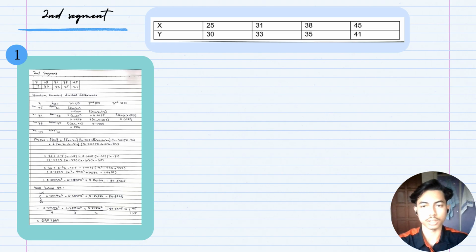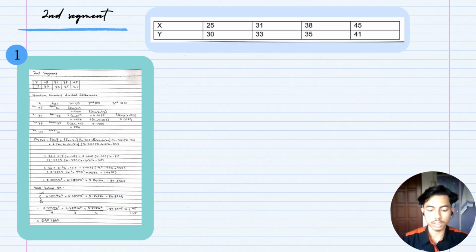M equals 3. First, we form the divided difference table, only until the third divided difference. To form the table, first, we form the X, F, first divided difference, second and third divided difference. To get the first divided difference, for example, we calculate the data from X and Fx.